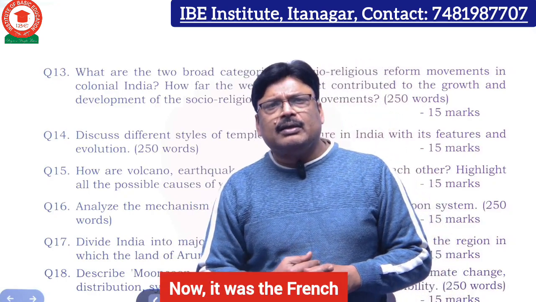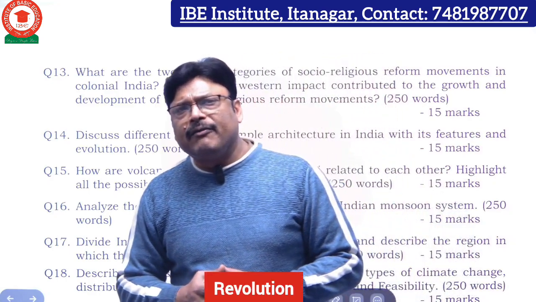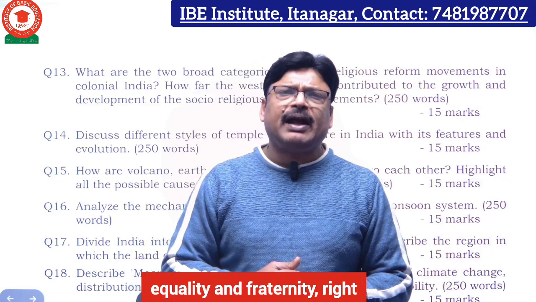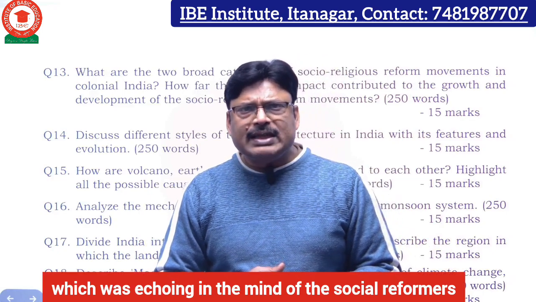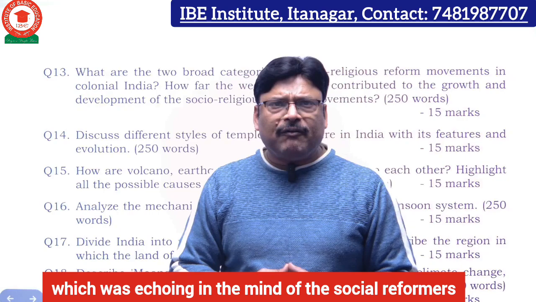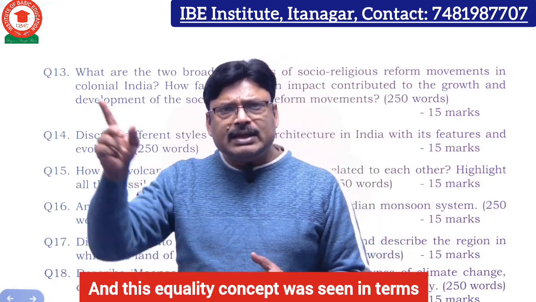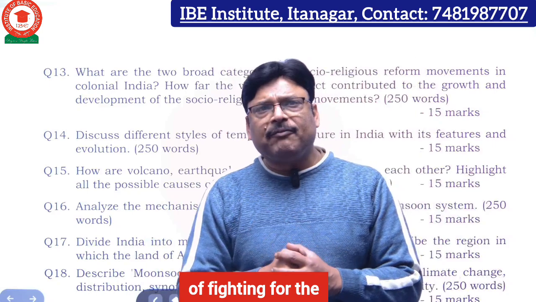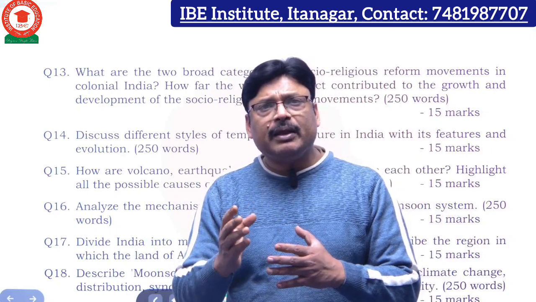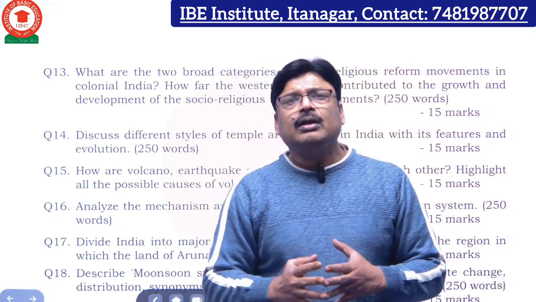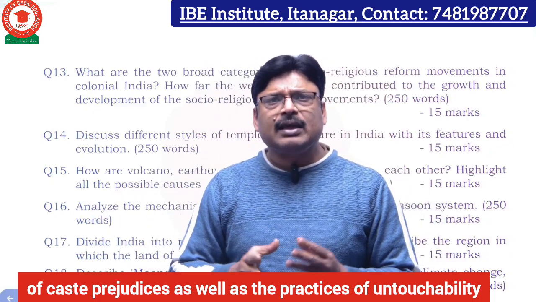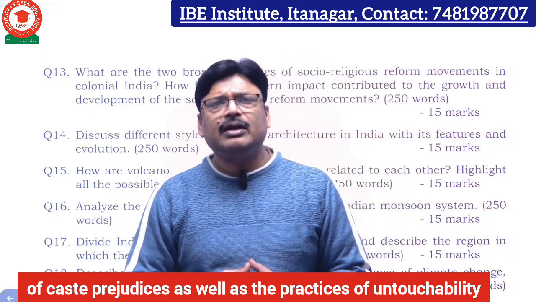Now, it was the French Revolution theory of liberty, equality, and fraternity which was echoing in the minds of the social reformers. This equality concept was seen in terms of fighting for the elimination of caste prejudices as well as the practices of untouchability.